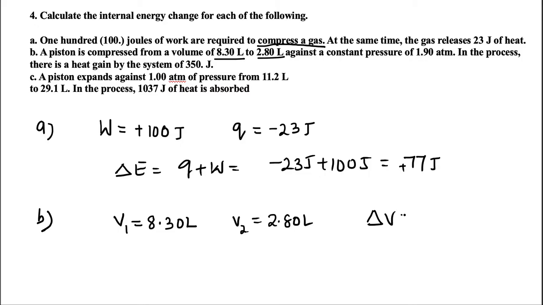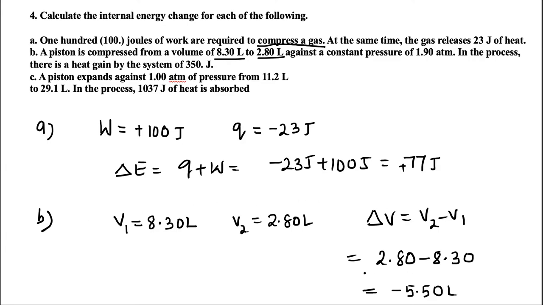Delta V is equal to V2 minus V1. So that's equal to 2.80 minus 8.30. How much is this? That will give us negative 5.50 liters.